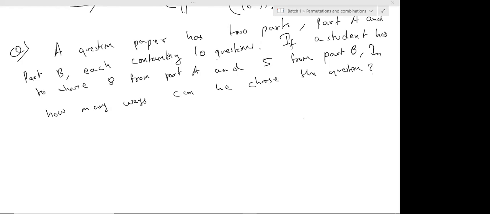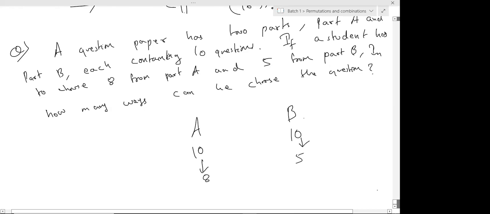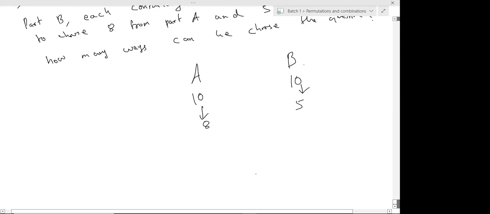See, this is a two-part question, right? Let's call this A and B. Here we have 10 questions, here you have 10 questions. You have to choose 8 from this and 5 from this, right?